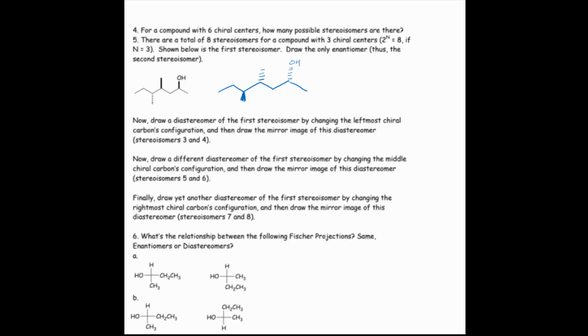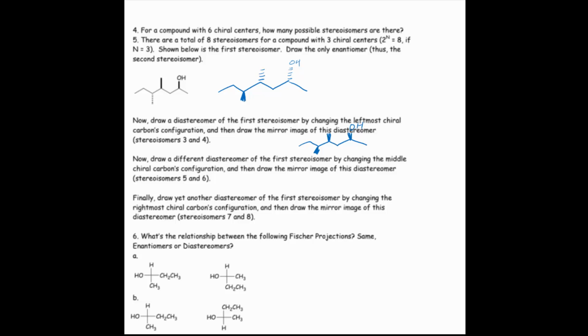Now if we continue on and draw a diastereomer of this first isomer, that's what we're referring to here, by changing the leftmost chiral center, then I go with my 7 carbon chain, the leftmost chiral center, I'm going to change the configuration of and retain the configuration of the other chiral centers. So that is a diastereomer of our initial isomer.